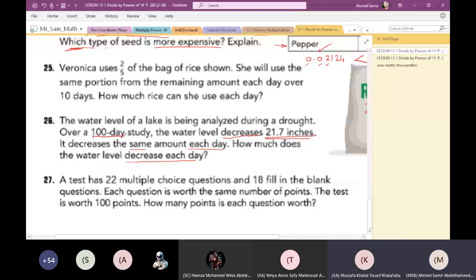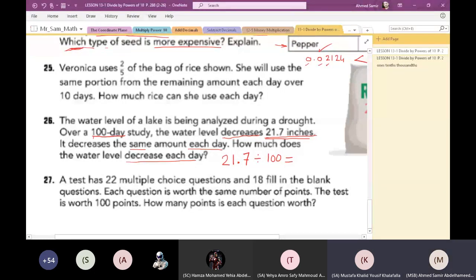Okay, so first of all, I'd like Mustafa to help me with this part. What shall we do, Mustafa? How can we do that? Move the decimal point to the left or right? Left. Mustafa, move the decimal point to the right or the left? Right. No, to the right is for multiplication. We're dividing now. Left.